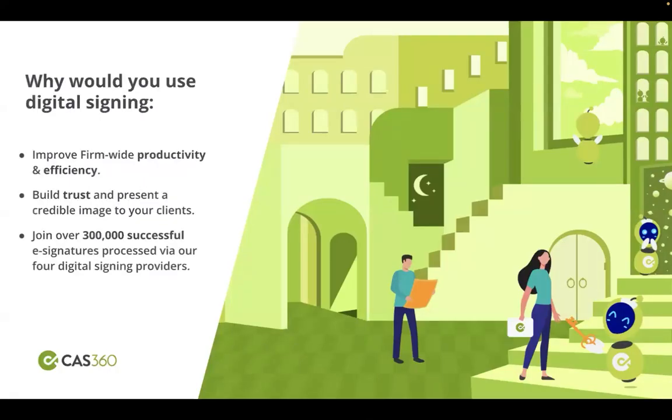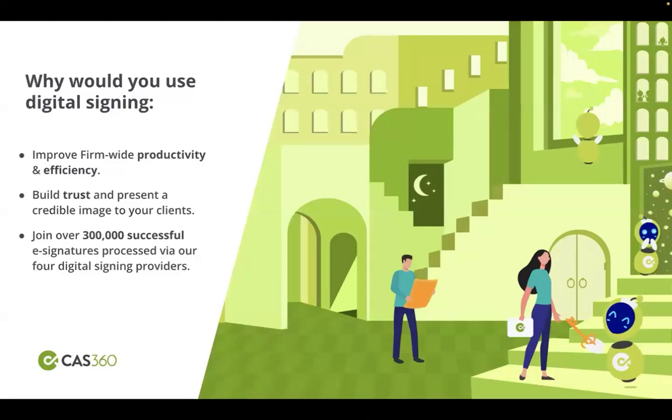So why would you use digital signing? Having come from public practice myself, I understand the challenges that come with managing client documentation. Chasing clients for signed forms can be incredibly time-consuming and can significantly impact overall productivity. Keeping track of outstanding documents only adds to the administrative burden, and on average, it takes approximately 28 days to receive a paper signed document, which could lead to ASIC late payment fees, which may negatively reflect the reputation of your firm.